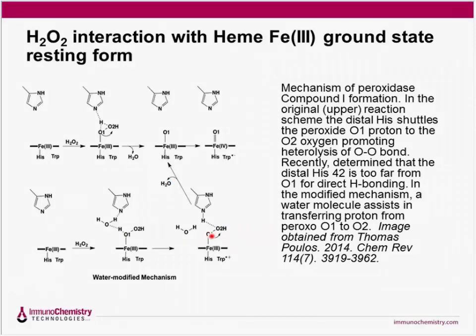So you have this gets split because you took a proton from this one, added it to this one. The 2 electrons then are used to generate water, forming the compound 1, which is the reactive driving force of the peroxidase redox cycle.